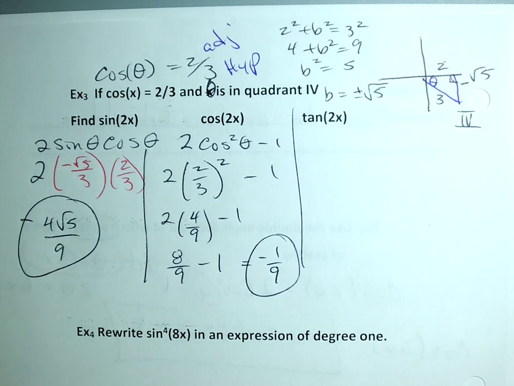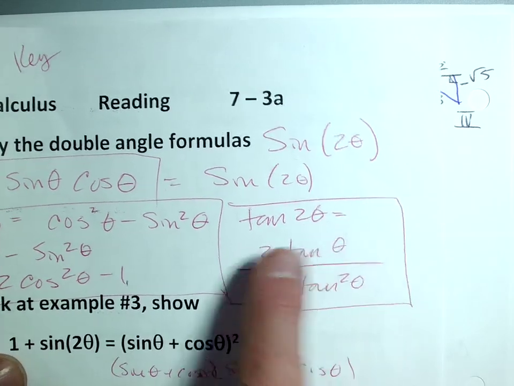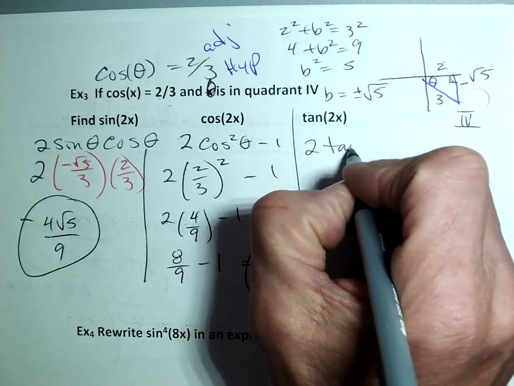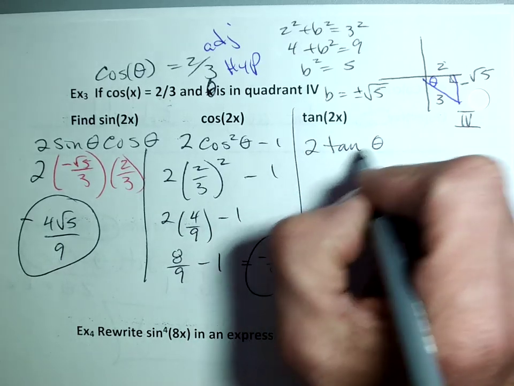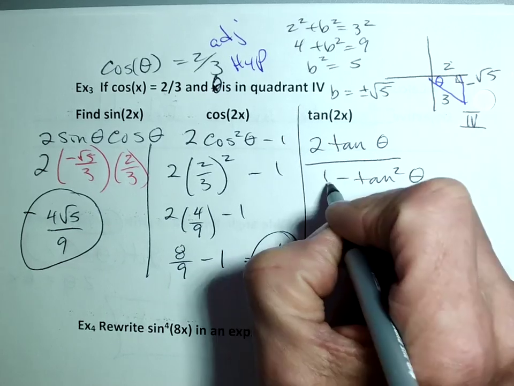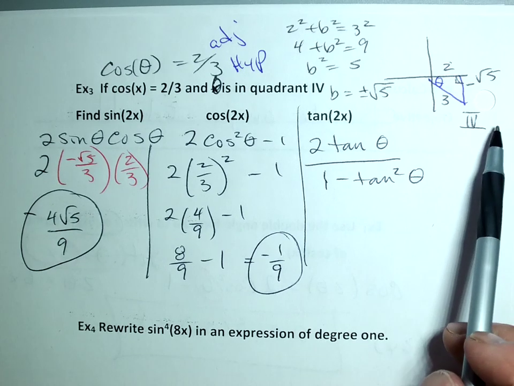Okay, now, tangent. We only really have one formula for tangent, so we're going to have to write this formula down here. That's the tangent formula: tangent of 2 theta is equal to 2 tangent theta over 1 minus tangent squared theta. Now tangent is opposite over adjacent.